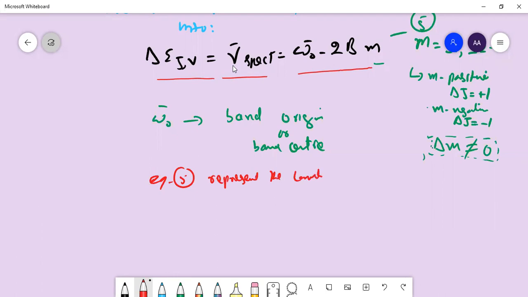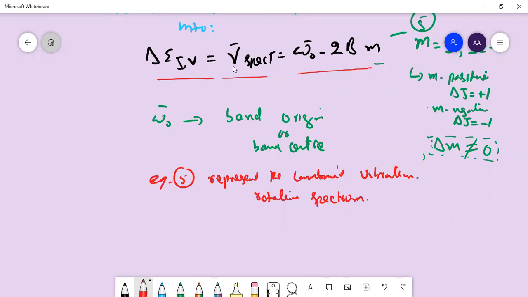combined vibration rotation spectrum. So this equation, that is equation number 5, will give you a combined vibration and rotation spectrum of a diatomic molecule. This equation is very important, where you can easily get the vibration rotation spectrum of a molecule.